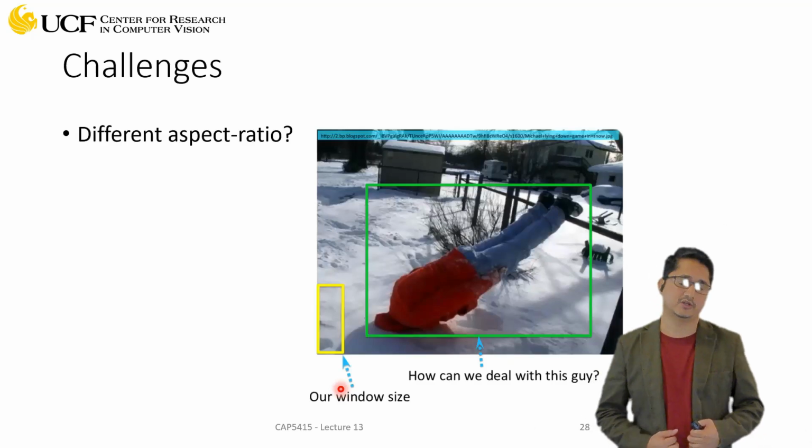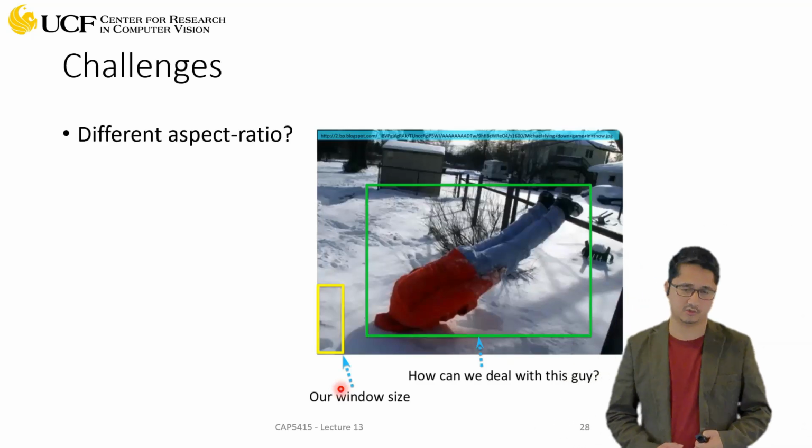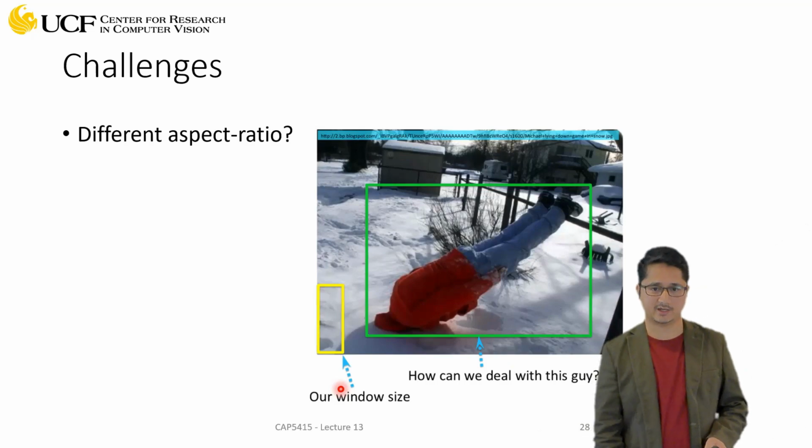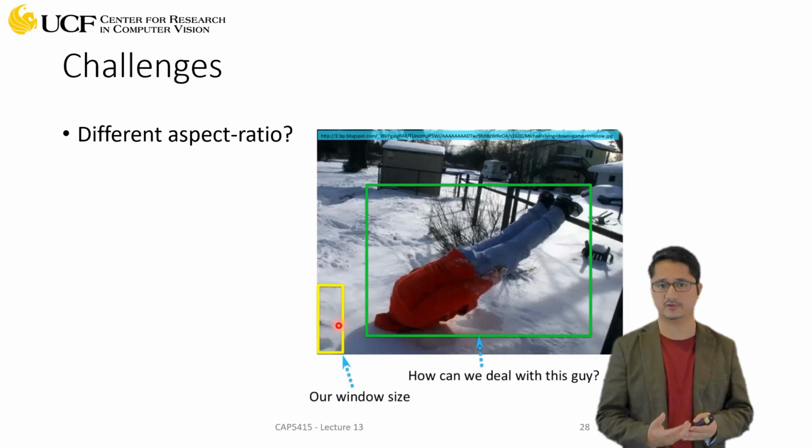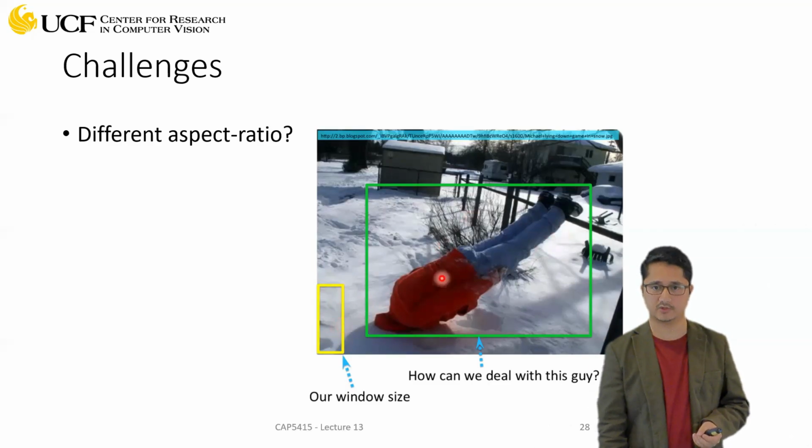Now the issue with that kind of approach is that, since we are looking at this specific aspect ratio, you might have individuals in your images, something like this. There will be all sorts of variations out there in the real world. If you have this kind of window, it doesn't matter how many scales you use, you are always going to miss these kinds of detections.